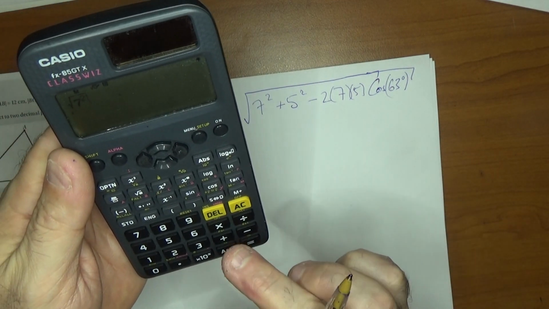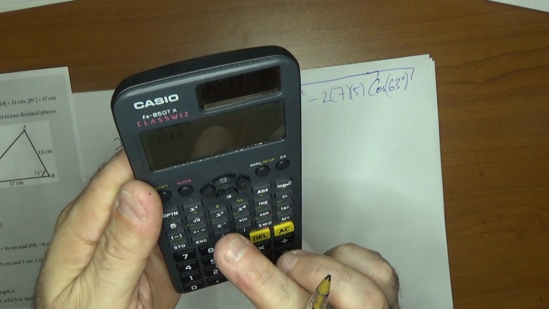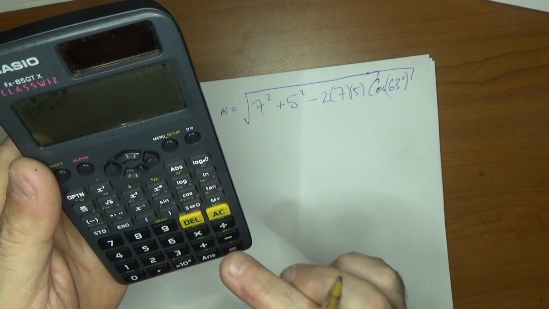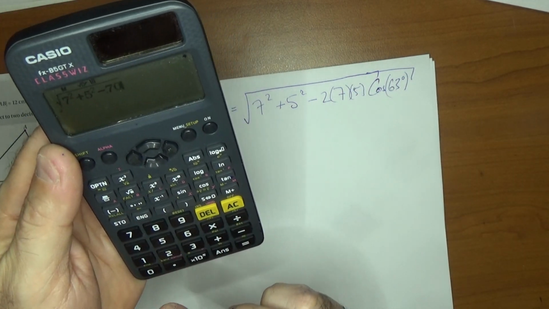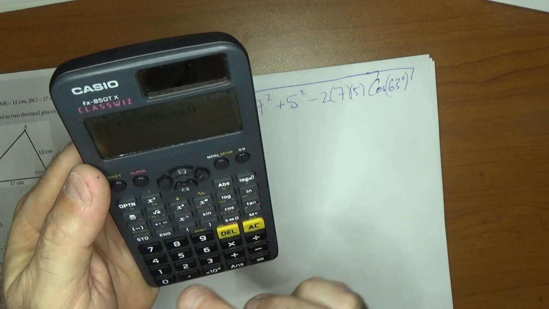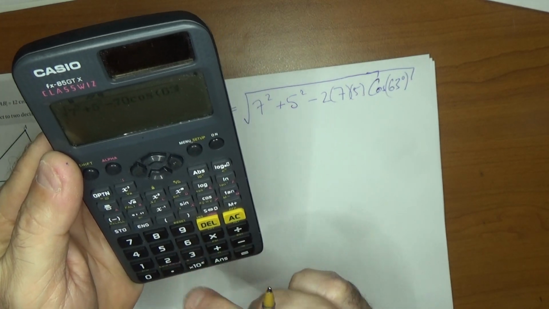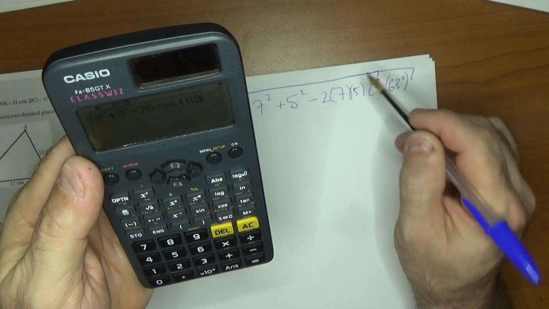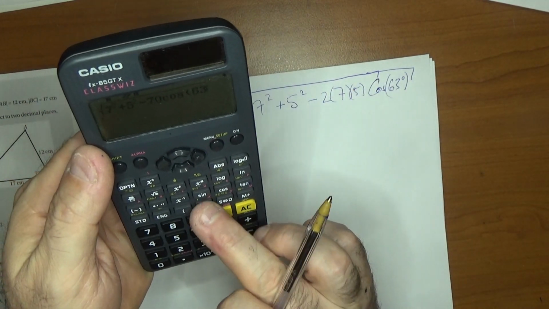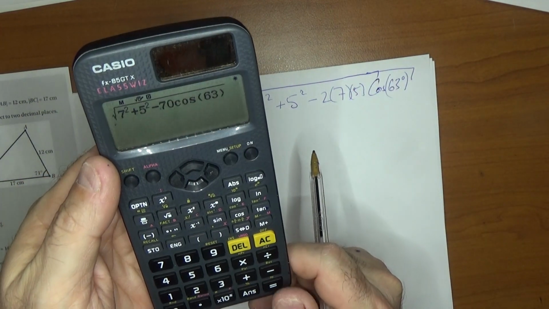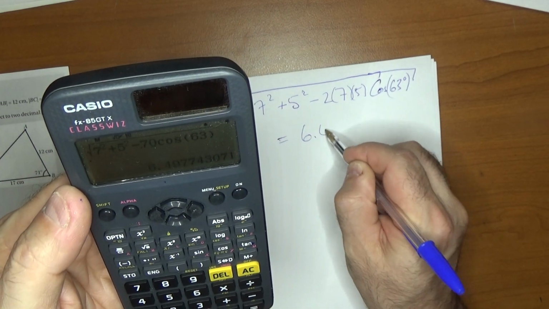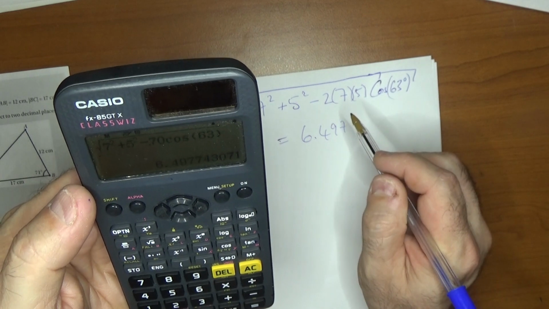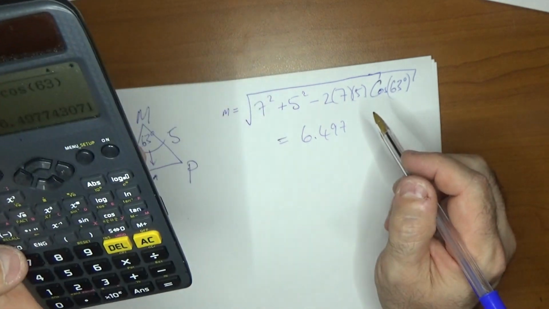7 squared plus 5 squared minus, if you don't mind I'll say 70 there, times the cos of 63. Am I absolutely sure 10 times 7 is 70? I got a negative there, that'll do. That's okay. And boom, giving me m equals 6.497. Now I'm going to do two things. I'm going to store that.